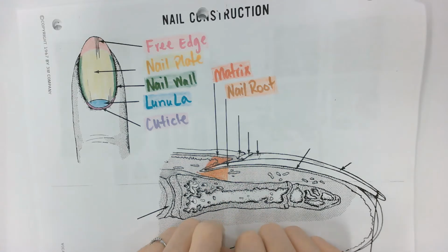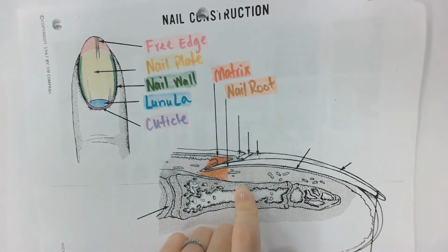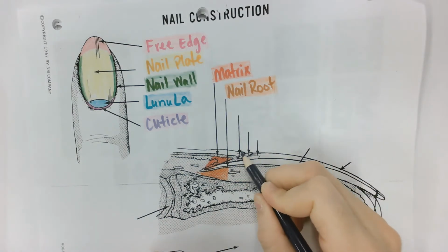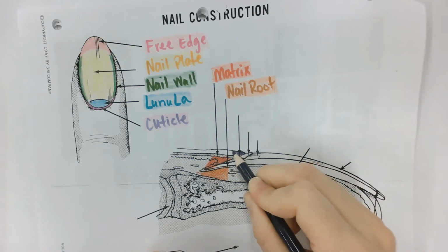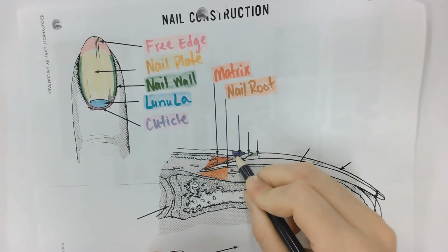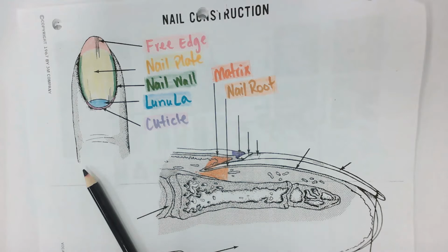Okay? Alright, the next arrow that we have, we are going to color, and this is our mantle. And this is this top area, this little triangle top area right here. Right on top.